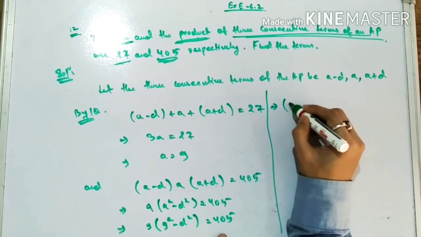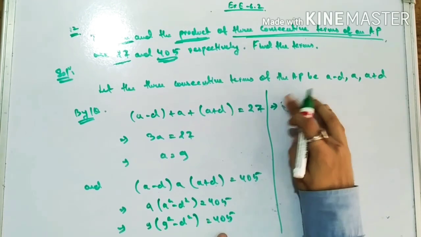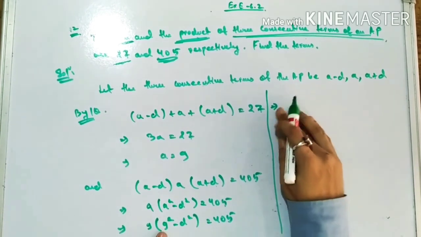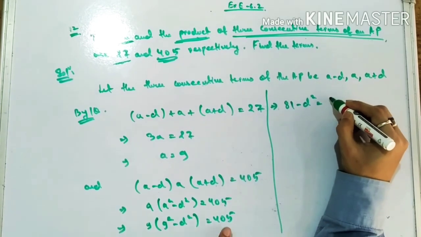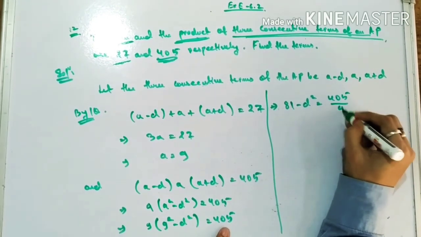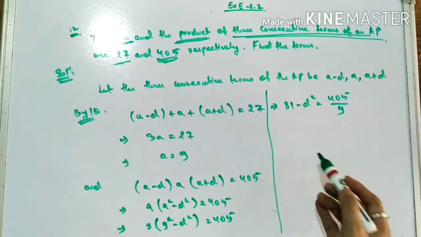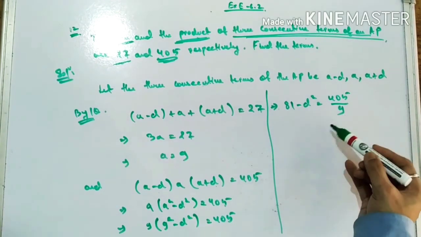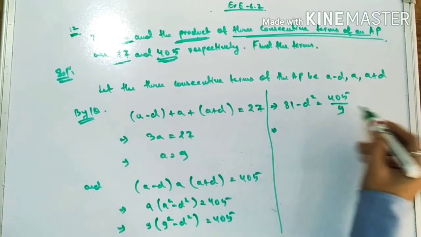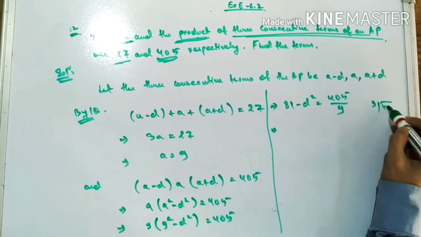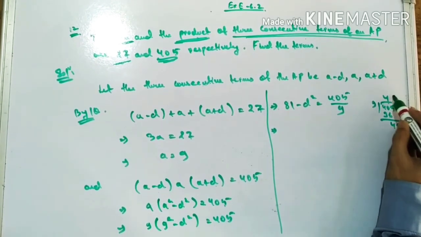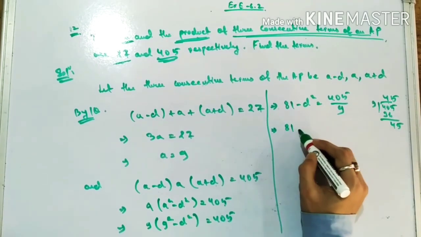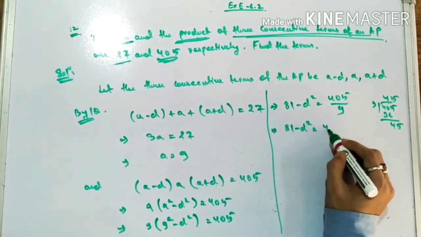So I will get 9 square, let me write 81. This one I will get 81 minus d square is equals to 405 by 9. If I divide it, 9 fours are 36, 9 fives are 45. So 81 minus d square is equals to 45.